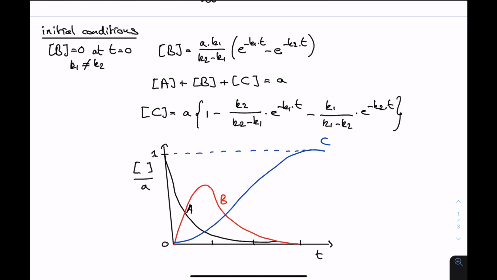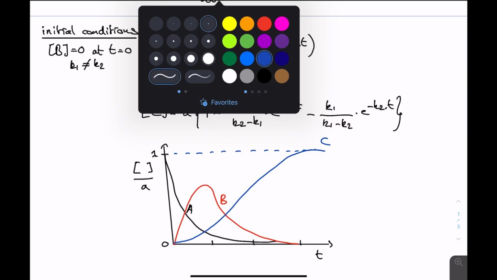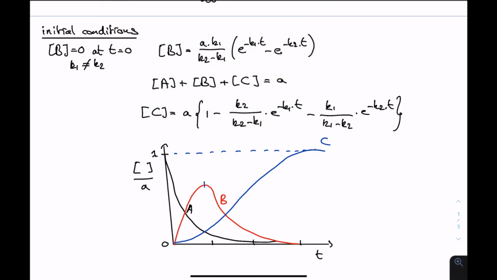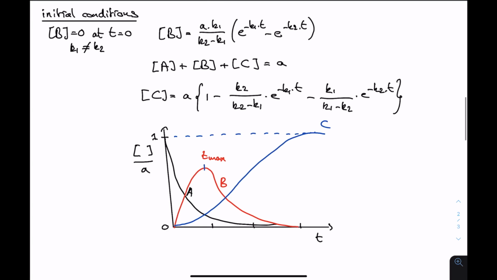Okay, so there's a maximum of B, sorry, T max. So what's interesting, this T max, we can derive it from this equation, right?